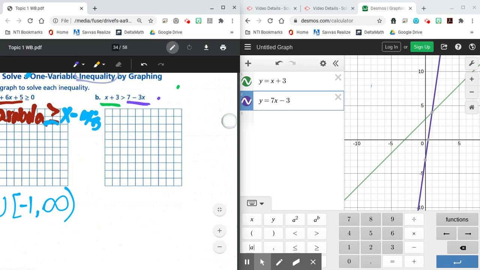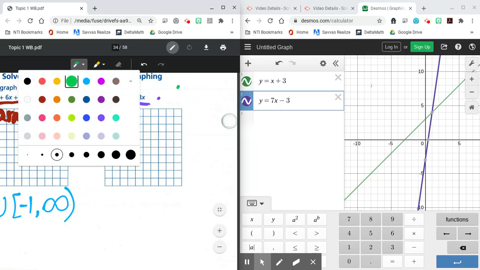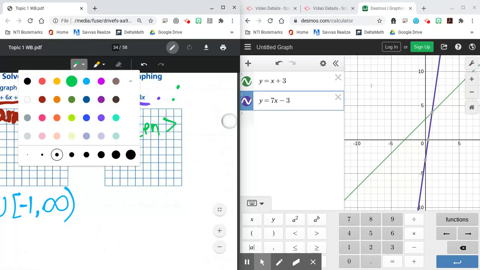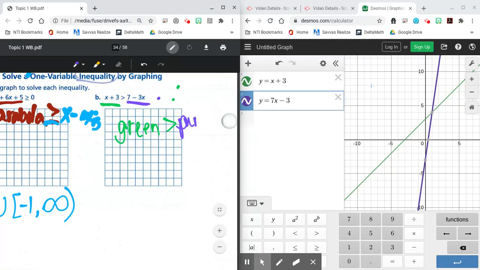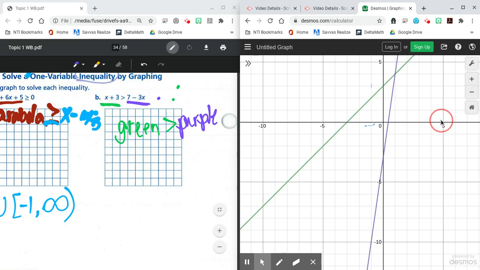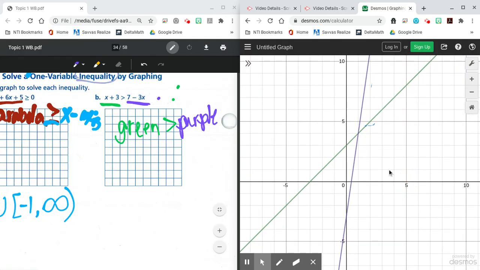So I'm being asked, when is the green line higher than the purple? In other words, when are the y values for the green line higher than the y values for the purple line? So let's look, and I'm going to need to give an interval. If I look, I see that they connect right here. That's when the y values are the same.